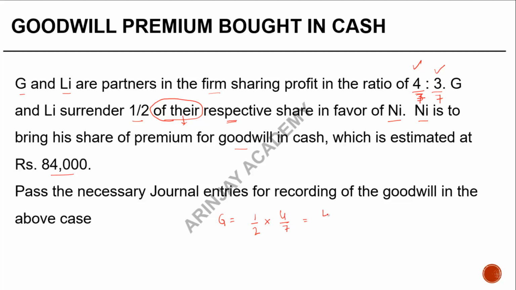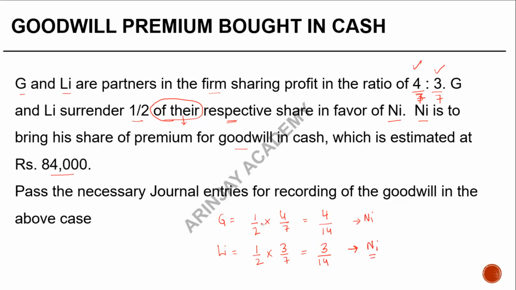Or in other words, he's given up 4/14 of his share in the favor of Nee. When we talk about Lee, he's given up half of his share. How much was his share? His share was 3/7. Or in other words, he's given up 3/14 share in the favor of Nee.